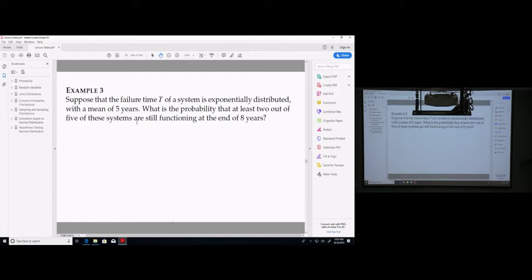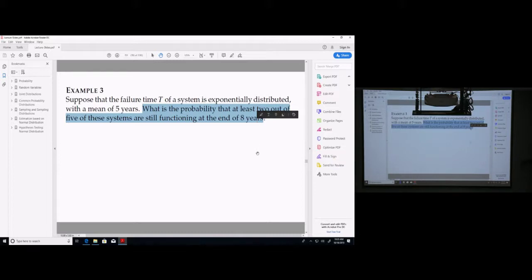The first one is to calculate, for one particular system, what is the probability that it would survive or die before 8 years, all right? But now here it is asking about 5 of these.